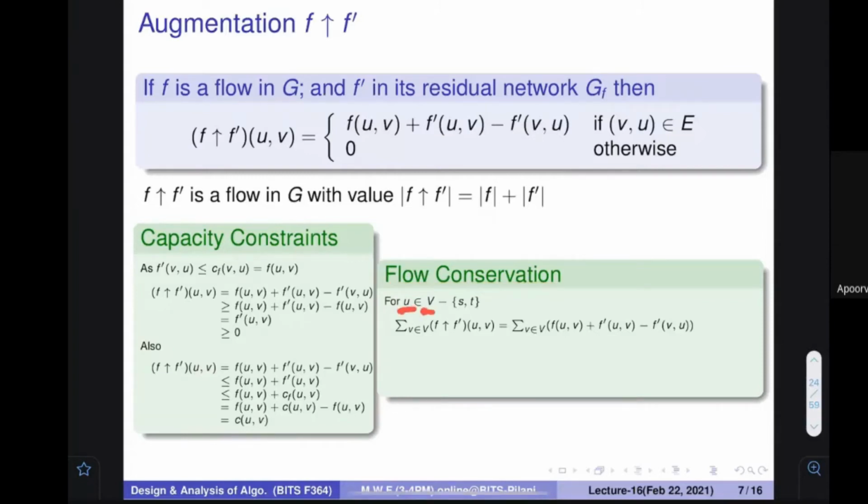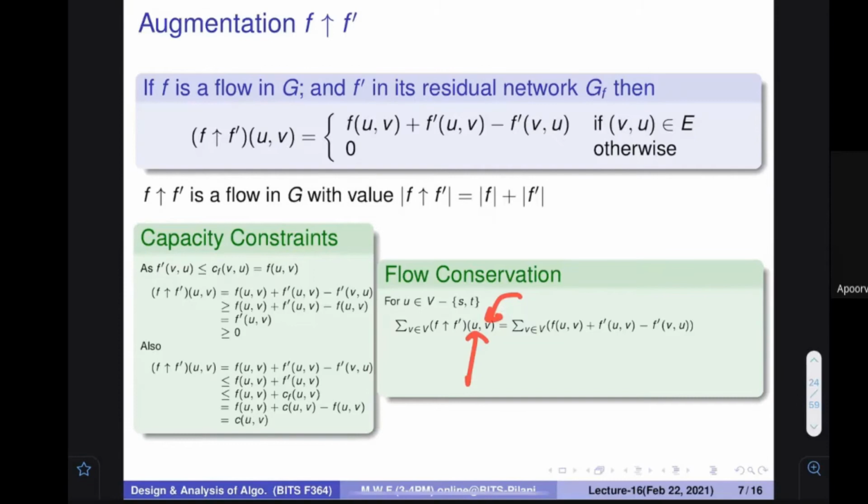U belongs to V minus ST, for all the nodes which are neither the source nor the terminal of the network. If you find out this particular summation, what is the summation? When you have done this augmentation, for all the V's, if you want to find the summation of this, what does it mean?